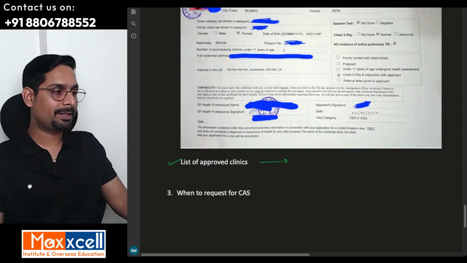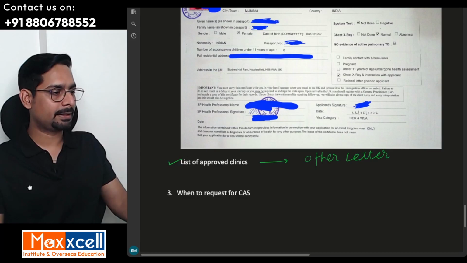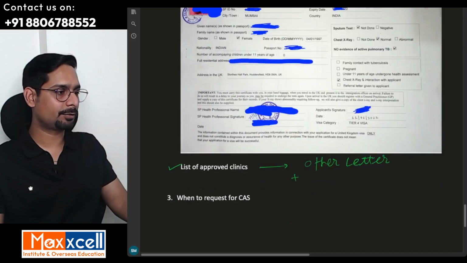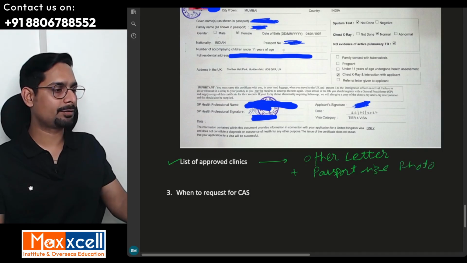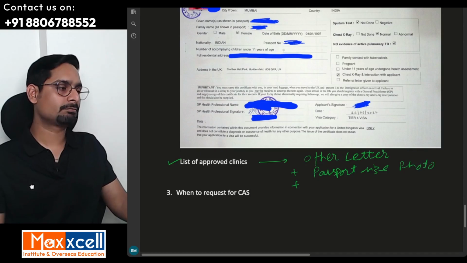You need the offer letter of the university, a passport size photograph, and your passport.